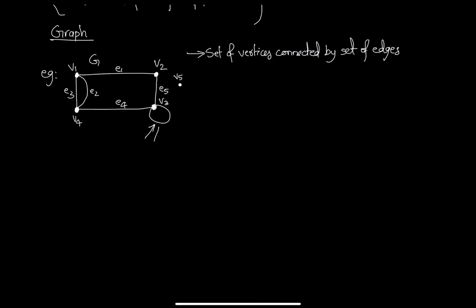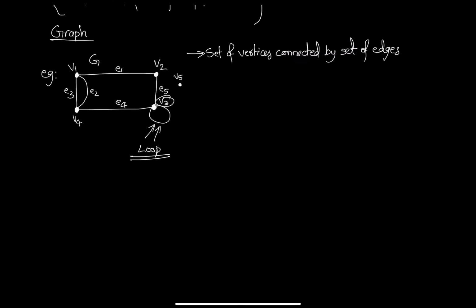In this thing, if you check, you'll find this. What is this? This is what we call a loop. An edge with the same end vertex is called a loop. That means this is an edge having the same end vertex, which is V3.